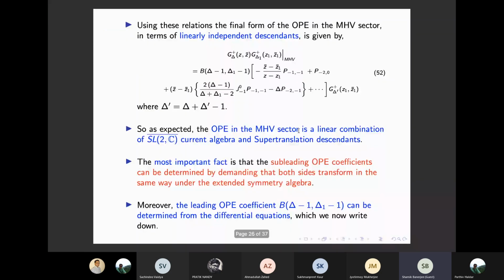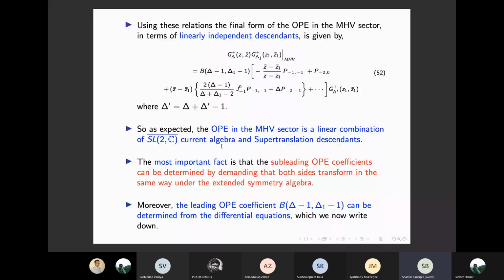That has this form. Okay, so now you can see that you have this SL2C bar algebra. The SL2C bar descendants are also there. Similarly, you have both the super translation descendants and the SL2C bar.